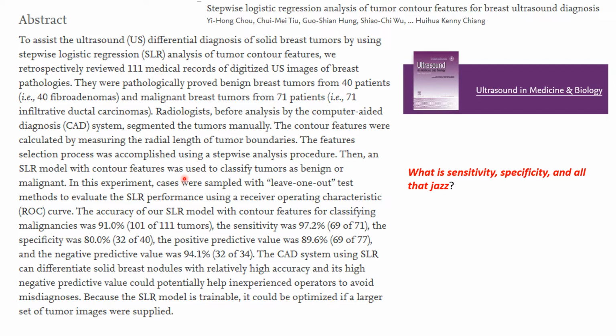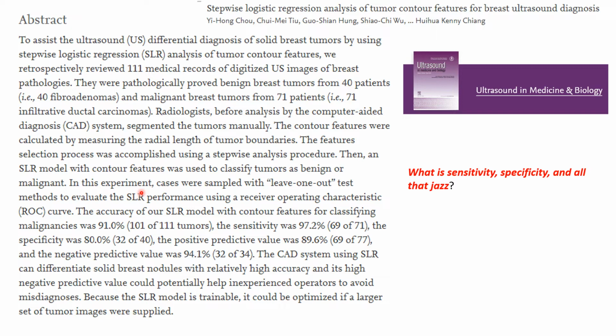The features selection process was accomplished using a stepwise analysis procedure, and then an LSR model with contour features was used to classify the tumors as benign or malignant. In this experiment, and it was an experiment because some of these were benign and some of these were malignant, and you looked at the two groups.